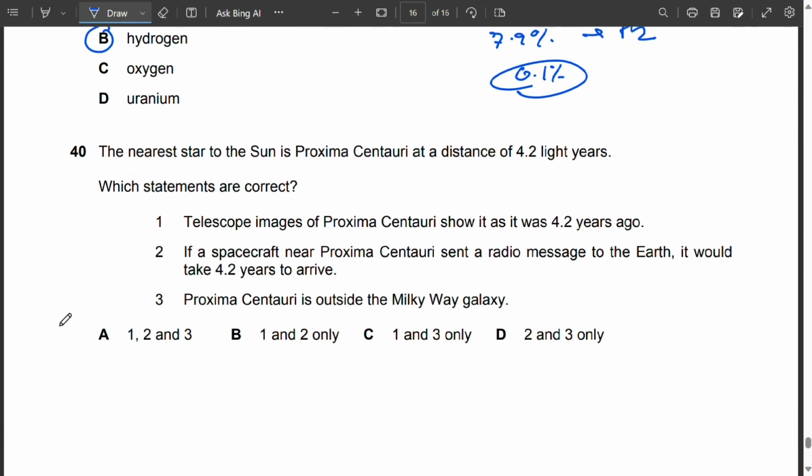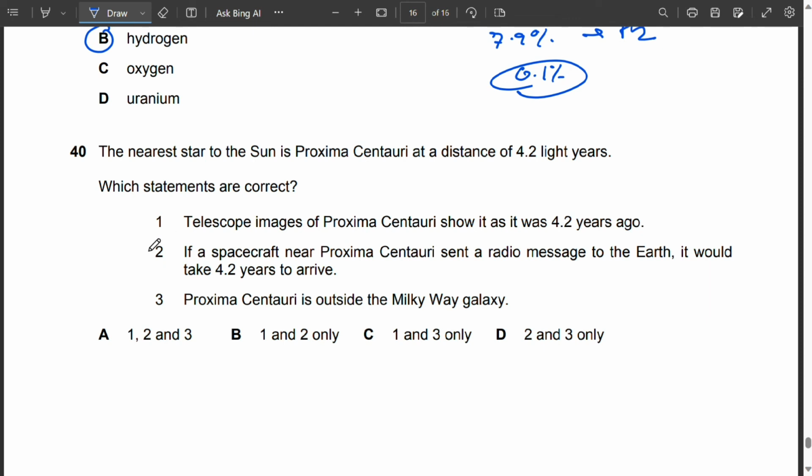Okay, 40th. The nearest star to the sun is Proxima Centauri at a distance of 4.2 light years. Which statements are correct? A telescope image of Proxima Centauri shows it as it was 4.2 years ago.